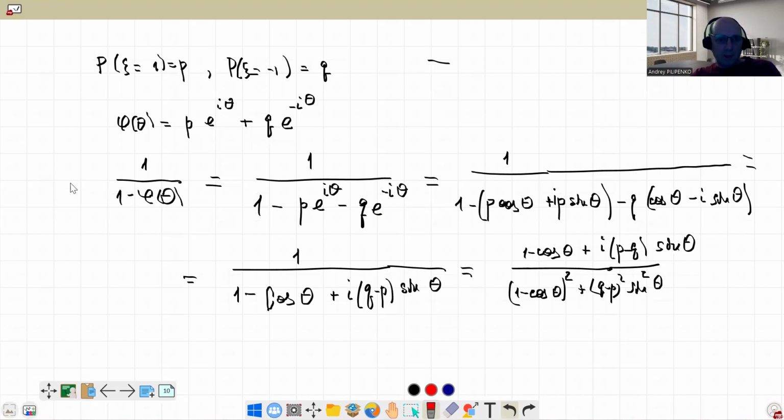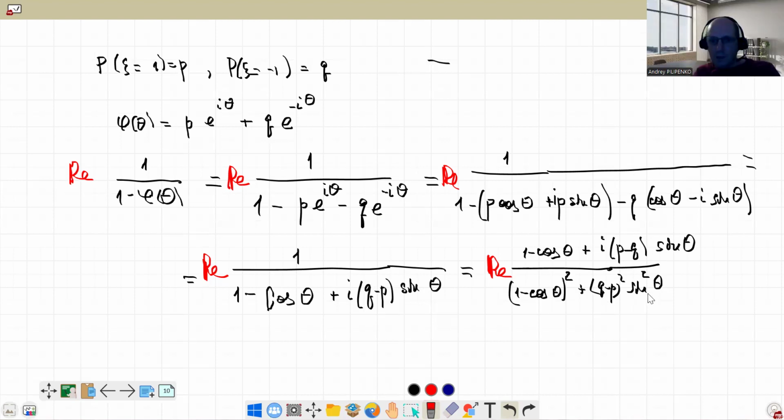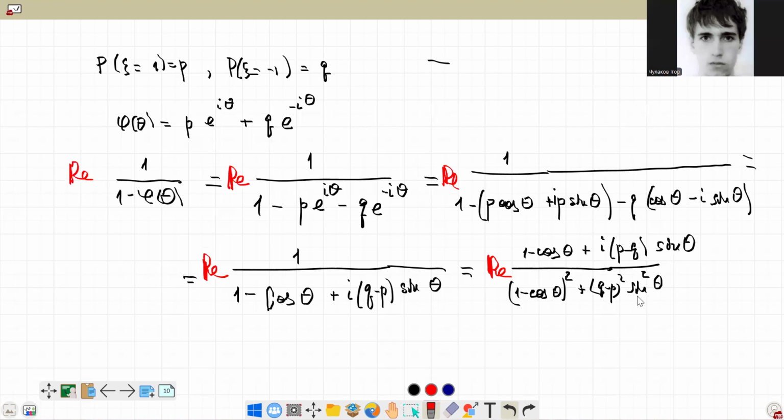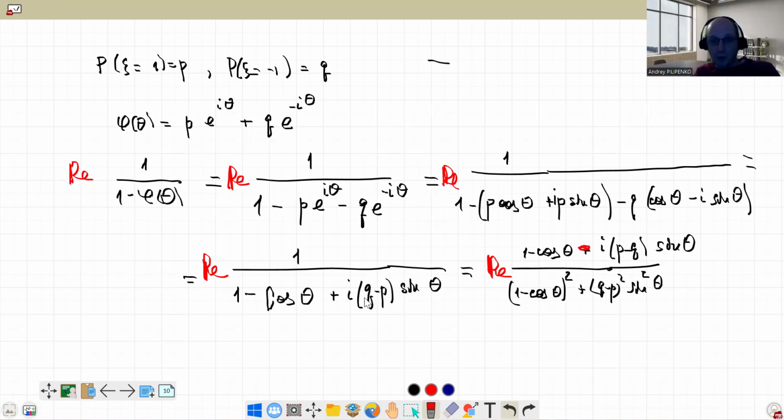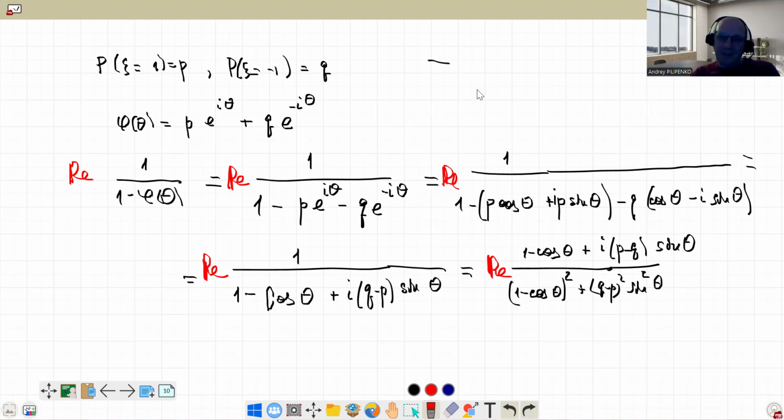Oh, and let me calculate the real part. Excuse me, maybe in the denominator there is no i. I wrote p minus q, there was q minus p. Yes, thank you. And after taking the real part, this term disappears.